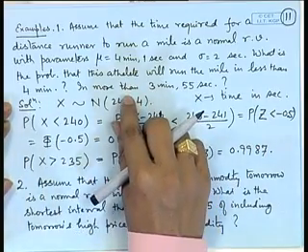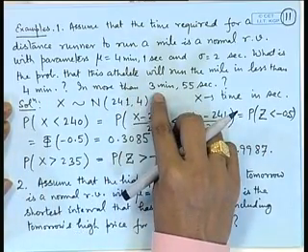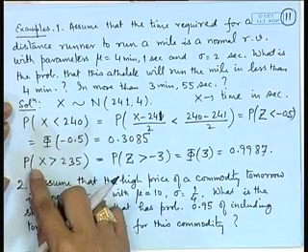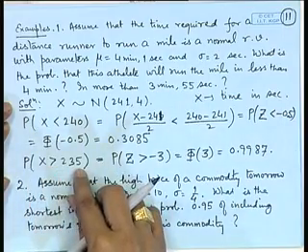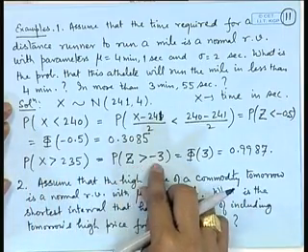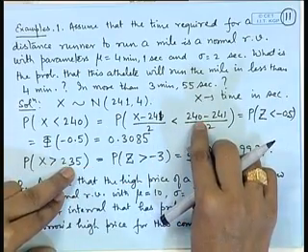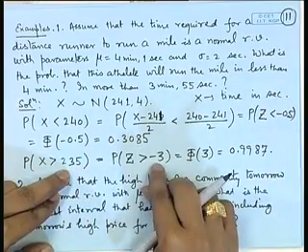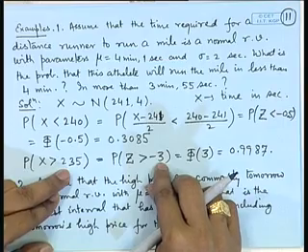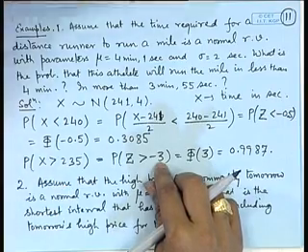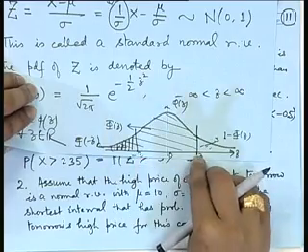Similarly, if we want to calculate the probability that he will run in more than 3 minutes 55 seconds, then probability x greater than 235, that is probability z greater than minus 3, if we put 235 minus 241 divided by 2. If we look at the shape of the distribution, minus 3 is here, then 3 is here.